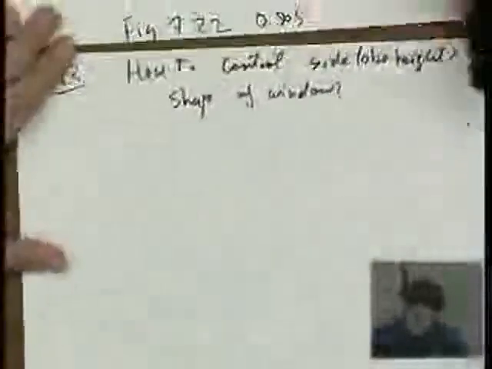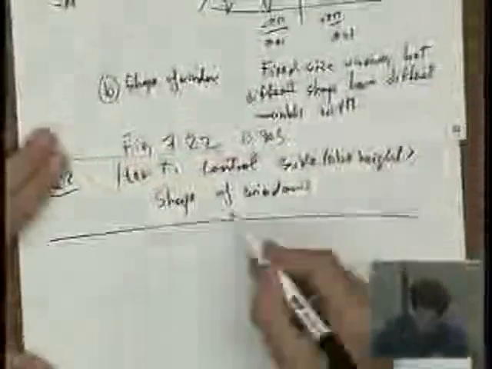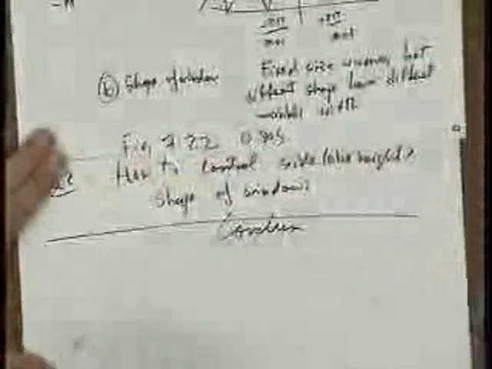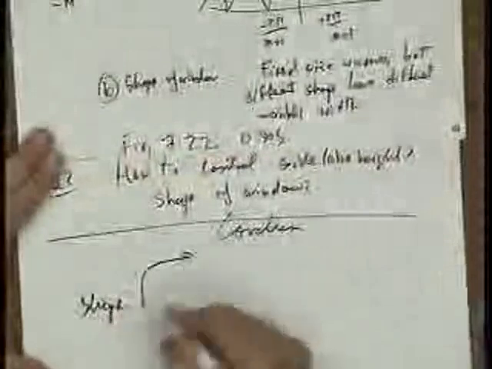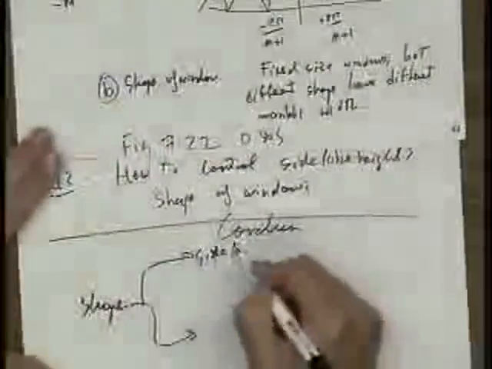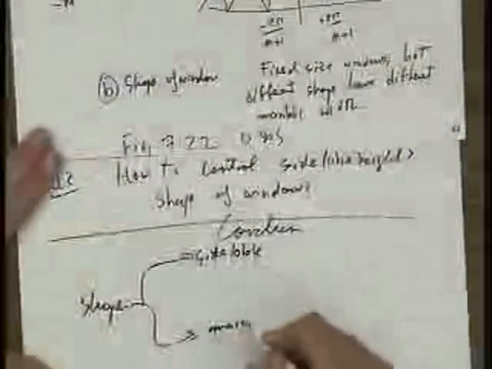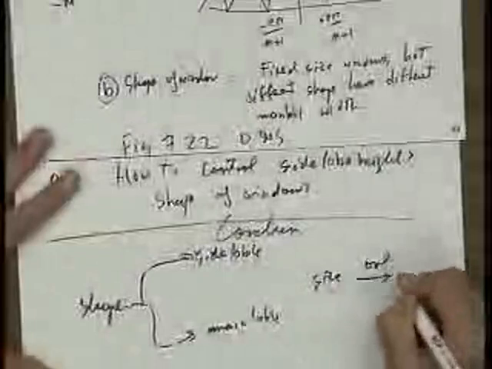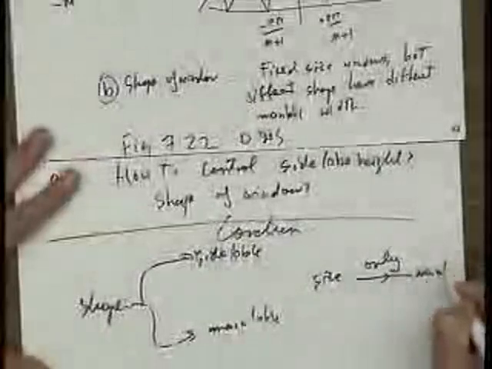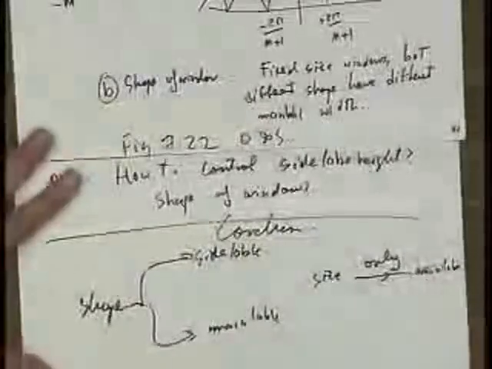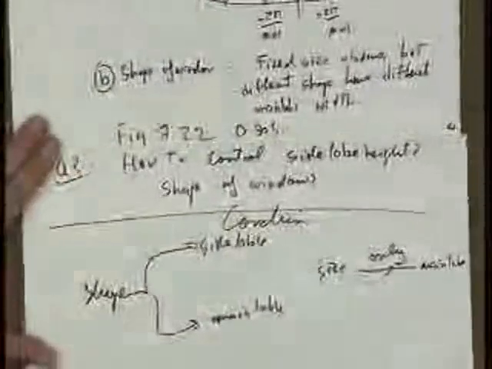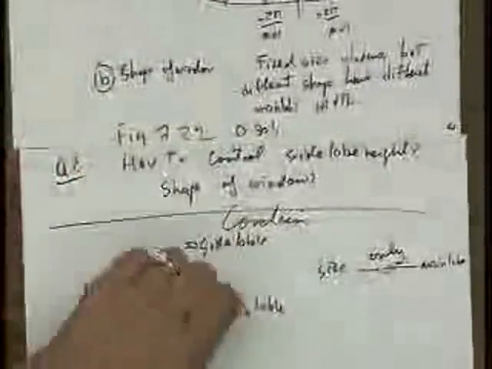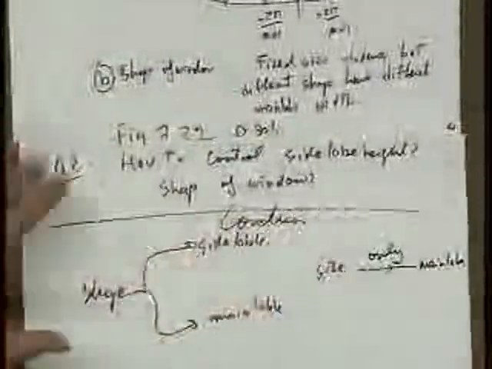Okay, so putting together these two questions, the conclusion we get is as follows: the shape affects both side lobe and main lobe, whereas the size of the window only affects the main lobe width. It doesn't have any effect on the side lobe height. So you have one knob that controls two things and another knob that controls just one thing.